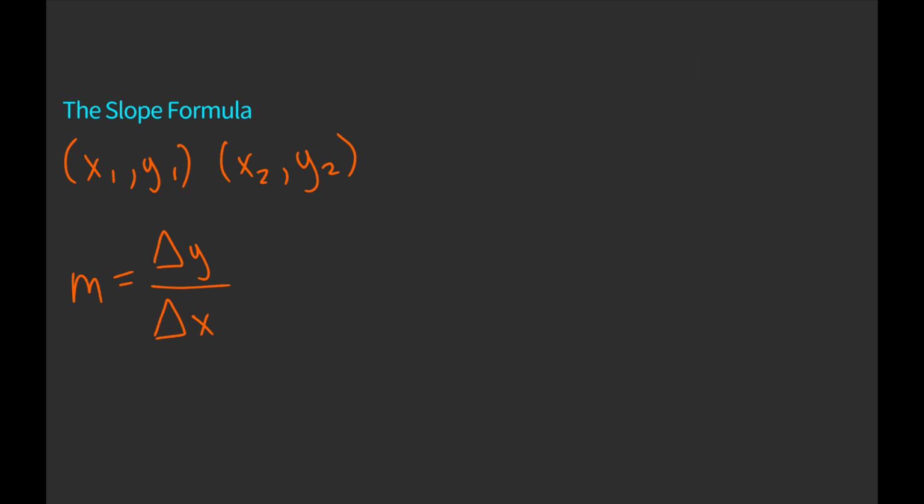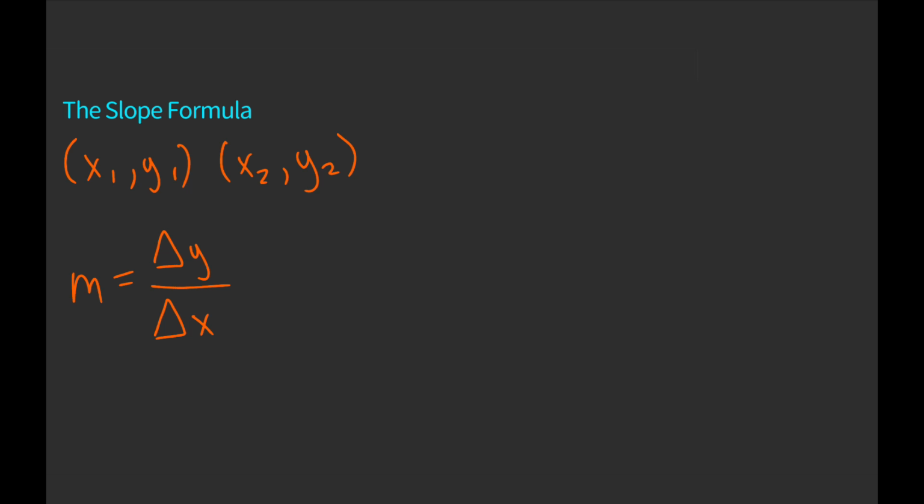So first, the slope formula. The slope formula is going to be used when you're given 2 points and you want to find the slope. So 2 points, that's going to be x1, y1, x2, y2. And the actual slope formula is going to be m equals the change in y over the change in x, where m is slope, which doesn't make sense, but just go along with it.